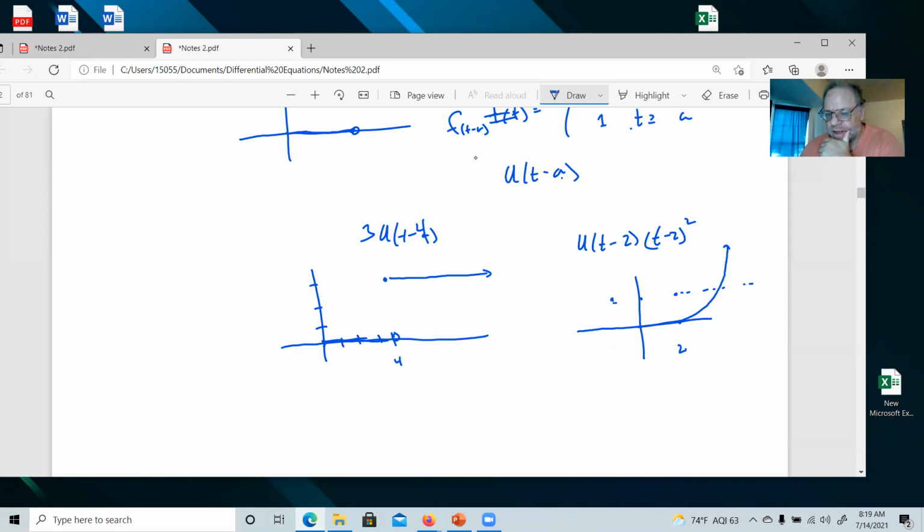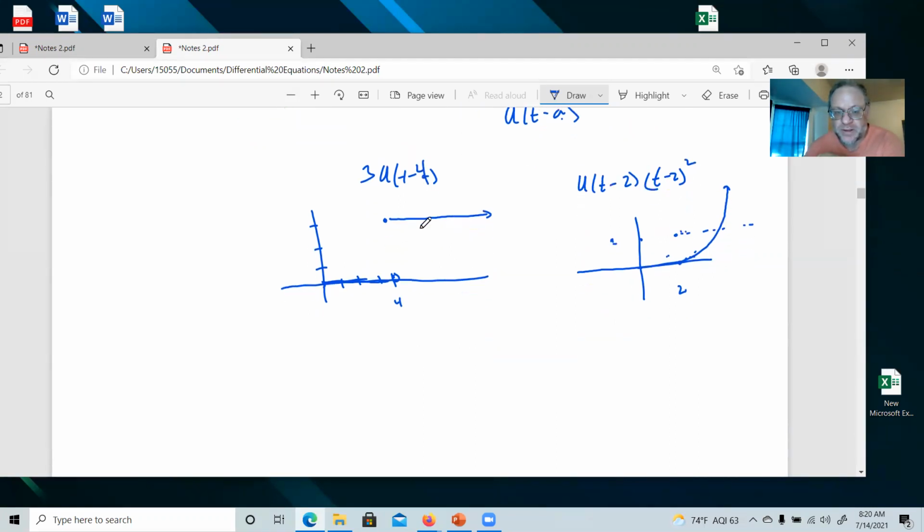Notice we're not going to have anything over on this side. If you put a -1 in here, this is 0, so 0 times whatever this is still going to be 0. The unit step function multiplies by this, and 1 times this part down here is just this part down here. So that's how we can turn functions on and turn them off.